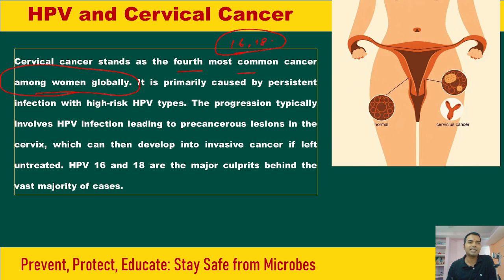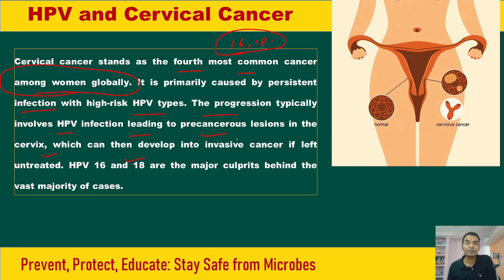Why did I decide to discuss this human papillomavirus? This is the actual reason. It is primarily caused by persistent infection of high-risk HPV types, and the progression typically involves HPV infection leading to a precancerous lesion in the cervix, which can develop into invasive cervical cancer.